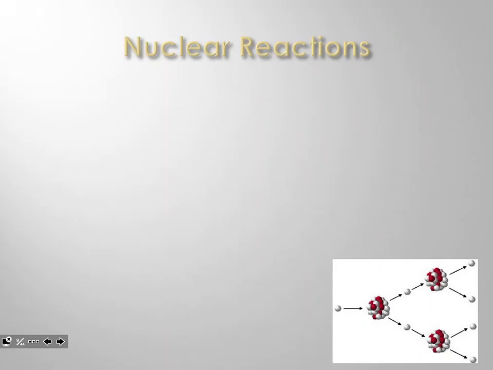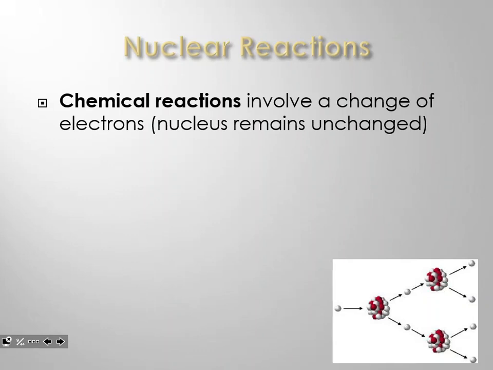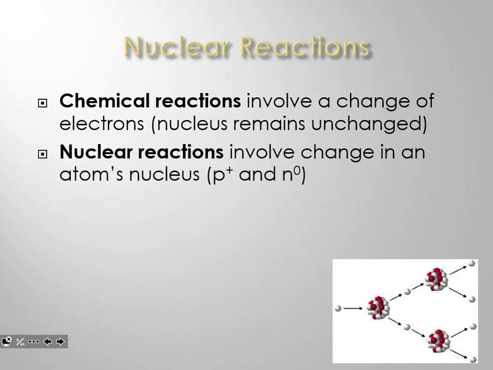Now we're going to go into more of the notes here, nuclear reactions, but first of all, let's talk about the difference between nuclear reactions and chemical reactions. Chemical reactions involve the electrons, the bonding, the covalent bonding or the transferring of electrons. That is a totally different realm of chemistry than what we're talking about today. Nuclear reactions involve a change in the atom's nucleus.